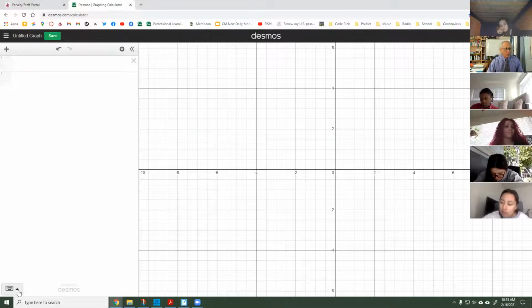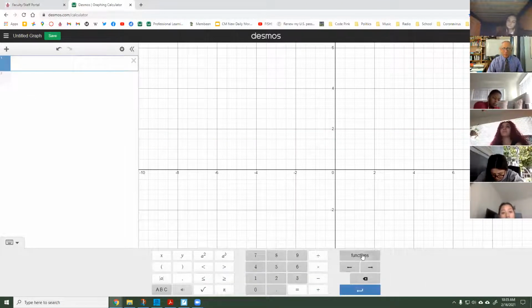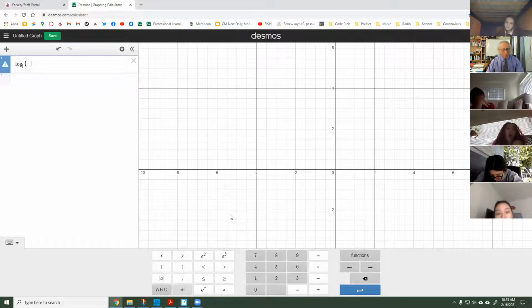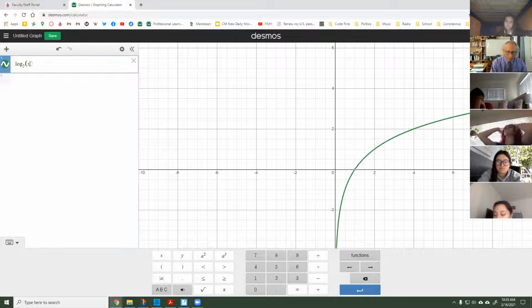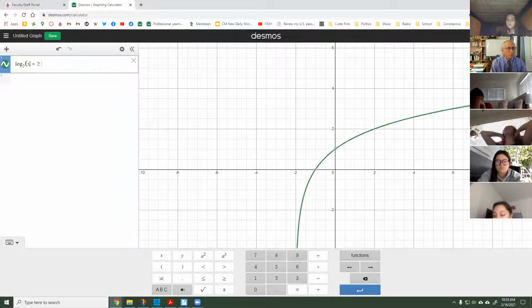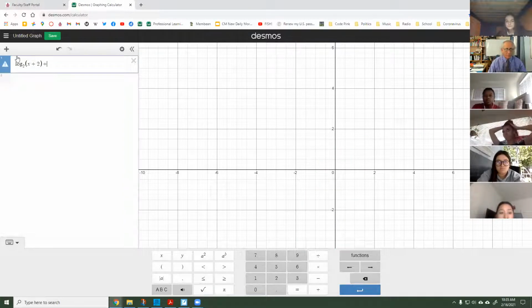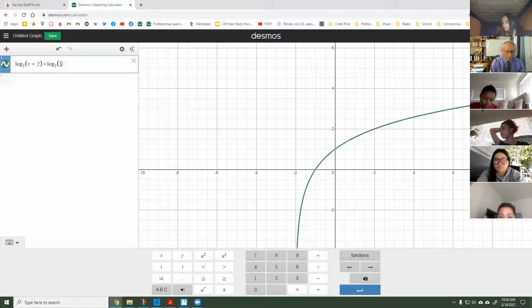So I'll do log base 2 of x plus 2 plus log base 2 of 1 minus x.